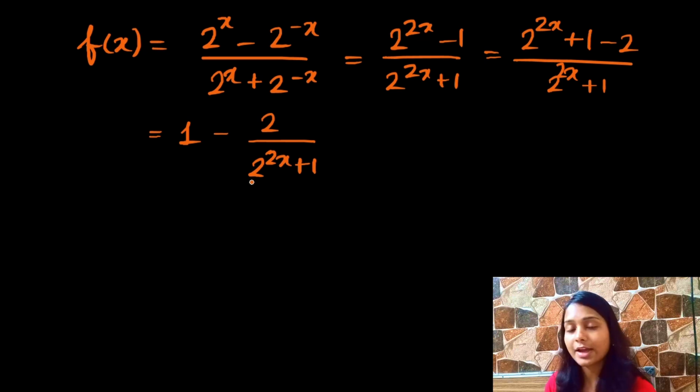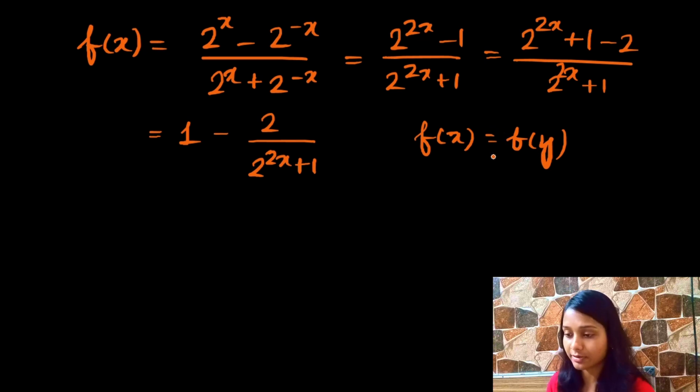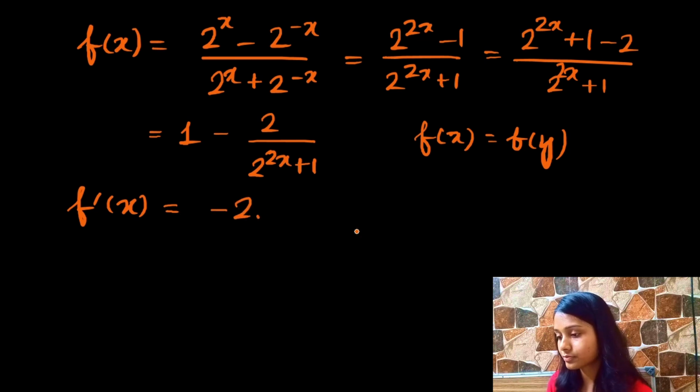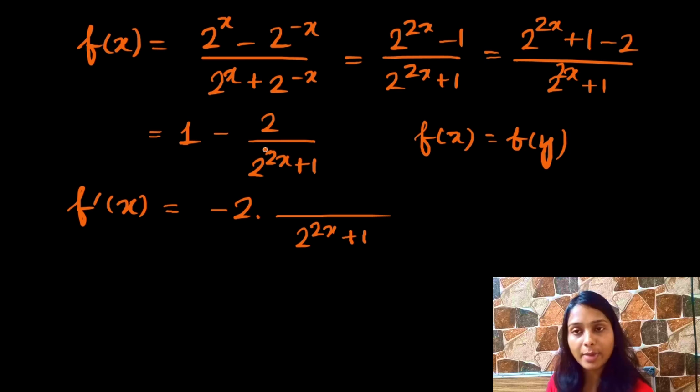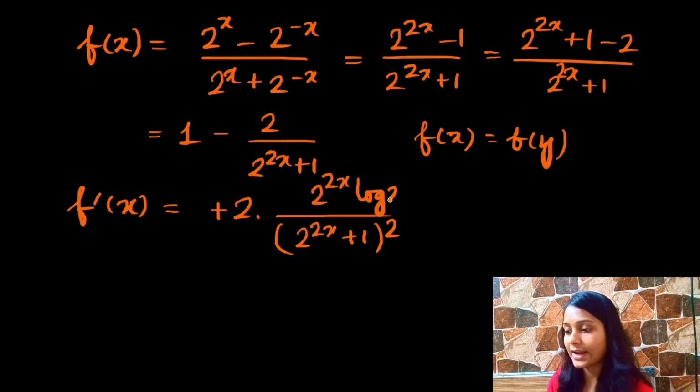So we can use the f(x) equals f(y) method here, or we can also use the increasing or decreasing function method. I am going to use the increasing function method, that will be much easier. So the derivative is minus 2 times (2^(2x) plus 1) to the power minus 2, times 2^(2x) log 2, and as there is a 2x, there should be another 2.